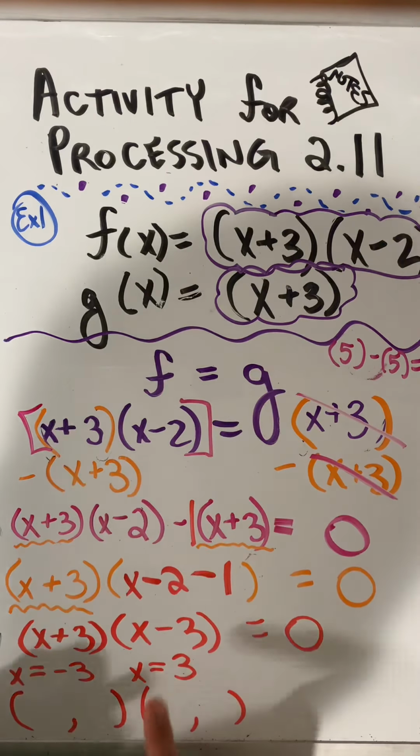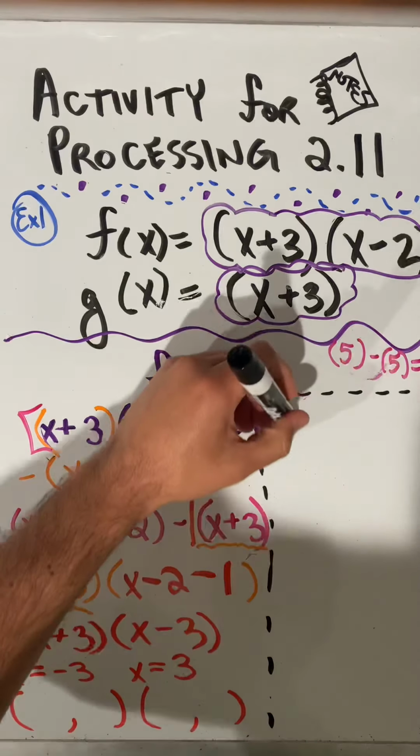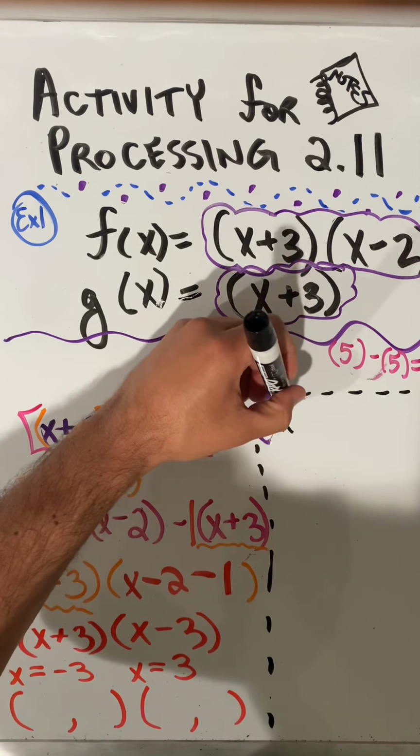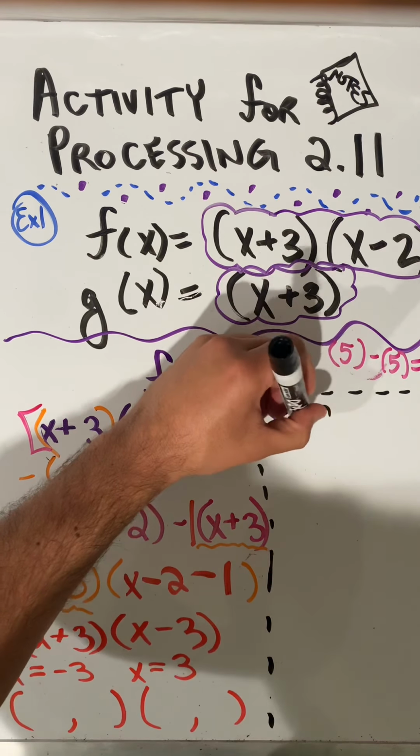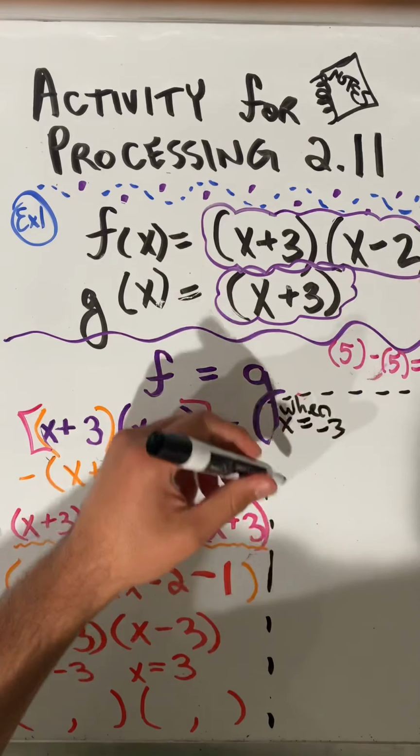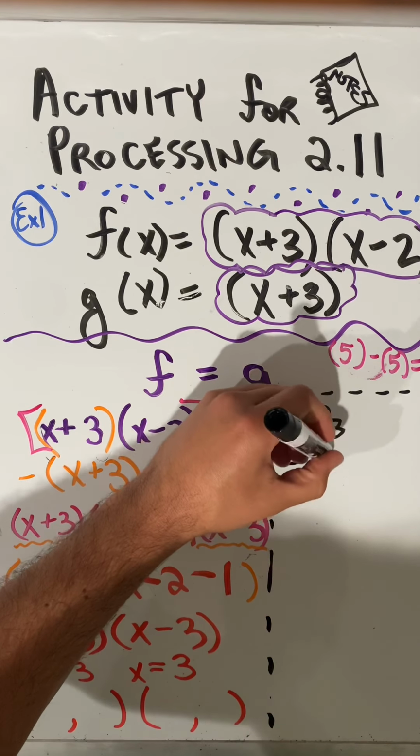Okay. So what we're gonna do is F is equal to X plus 3, X minus 2. So we're gonna do this for -3 first. So when X equals -3, okay, let's plug -3 into the equation. -3 plus 3.